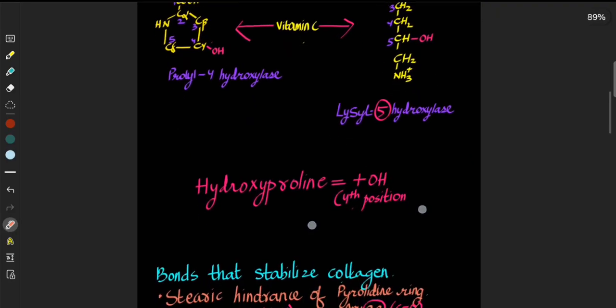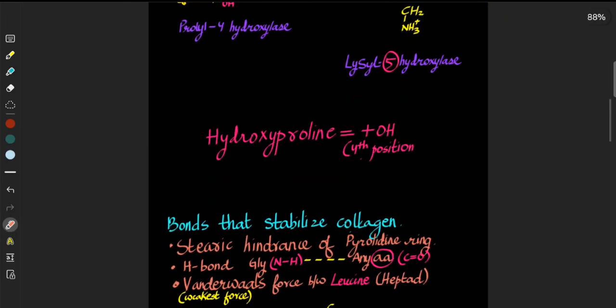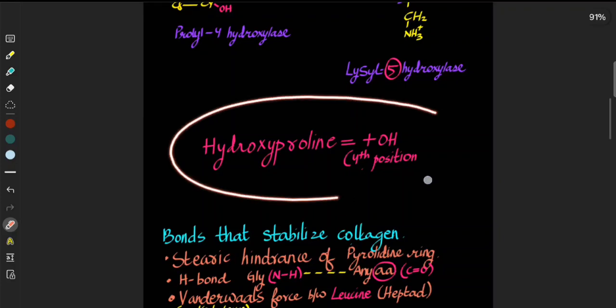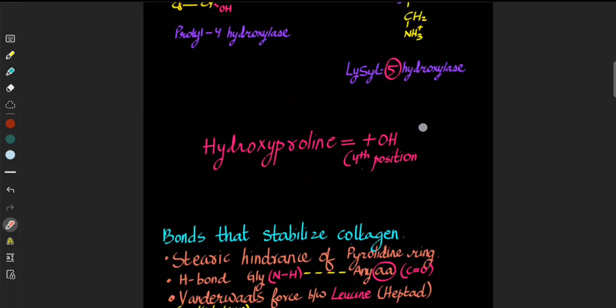So as I told you about hydroxyproline as well, we're going to add a hydroxyl group to either the 4th position or the 5th position, right? When it was in terms of proline, we added in the 4th position, and in terms of lysine, we'll add in the 5th position, right?